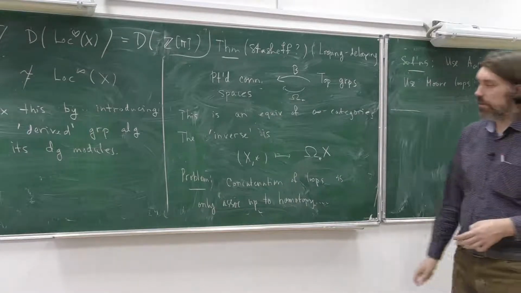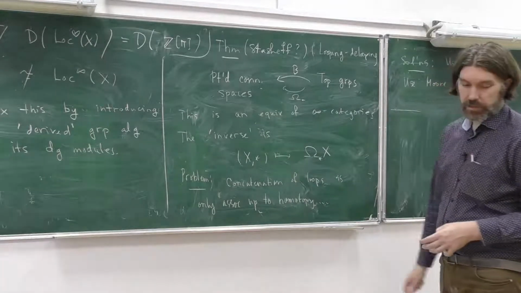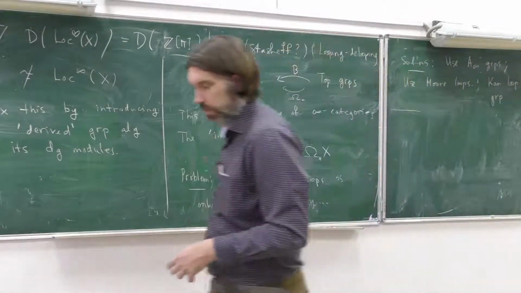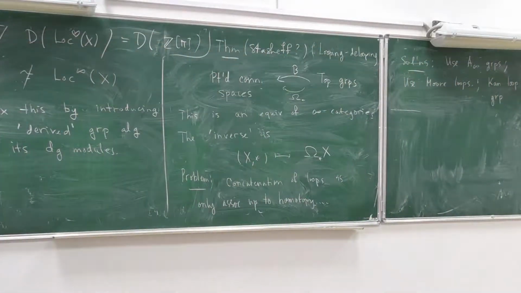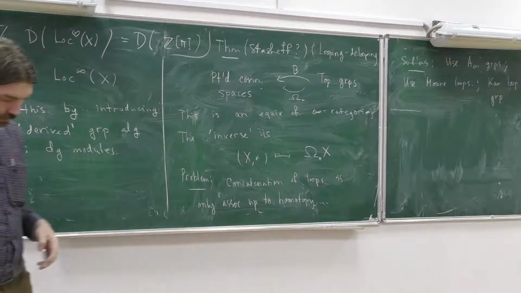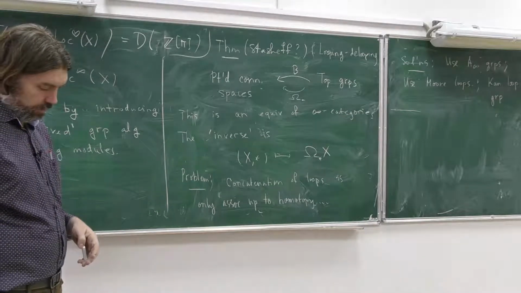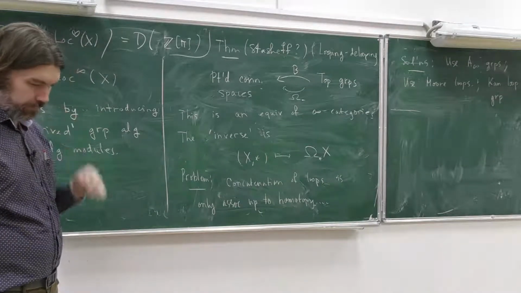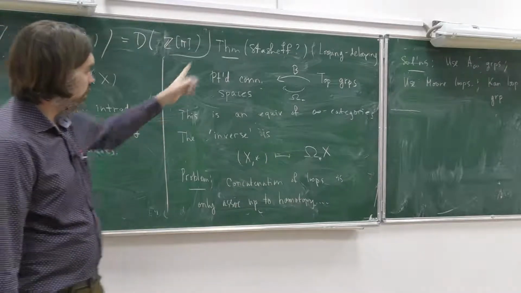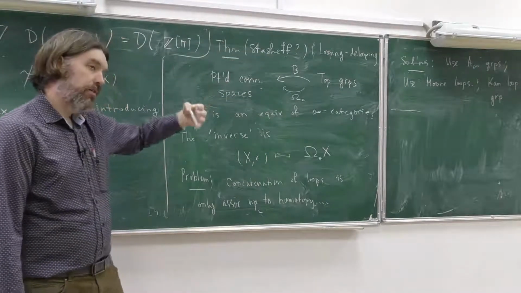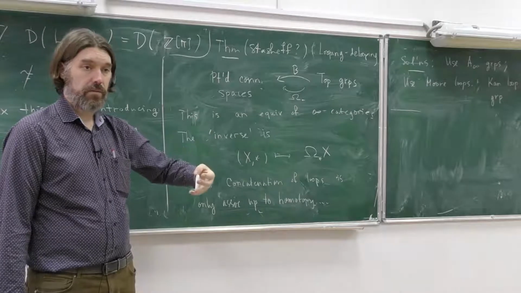Okay. Right. So if we're trying to study local systems on a space, say it's connected, then we could think of that space via this equivalence as being equivalent to a classifying space of some group.